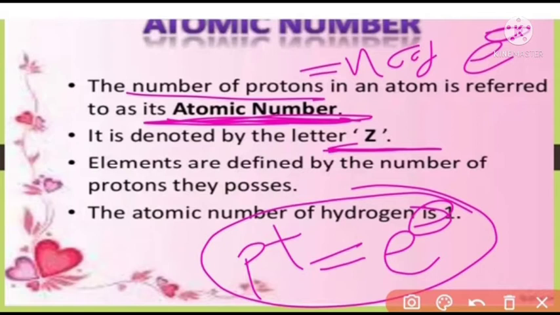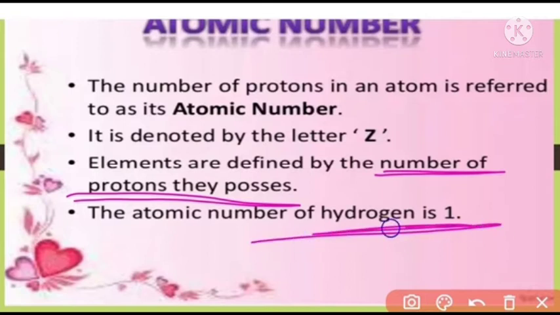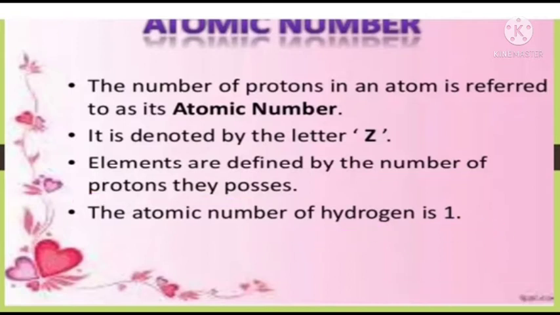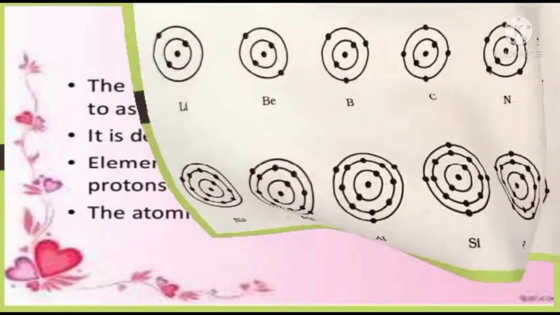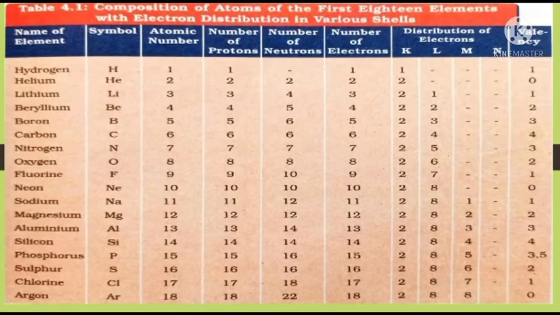Elements are defined by the number of protons they possess. The atomic number of the hydrogen atom is 1. Different atoms have different atomic numbers. Here the first 18 elements are listed in this table.